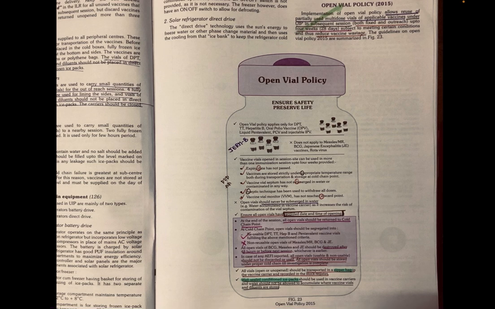Aseptic techniques should be followed while taking out the vaccine. The things you have to do at the cold chain point, you also write it. First, we'll segregate into applicable and non-applicable. We'll throw away non-applicable, and under applicable, if the conditions are followed, we'll use it again. In case of any AEFI, that means an adverse effect detected in the community, do not throw it and do not use it, but maintain it under proper conditions till the investigation is complete.